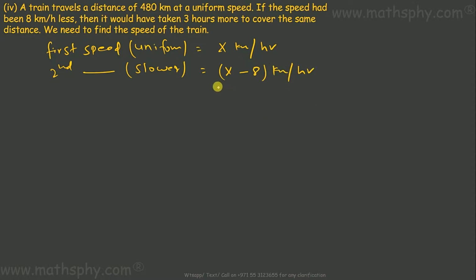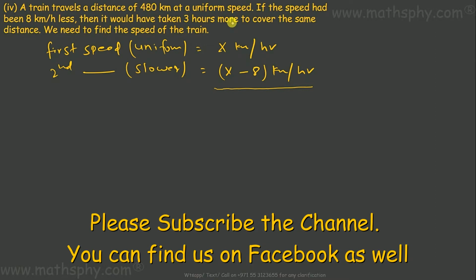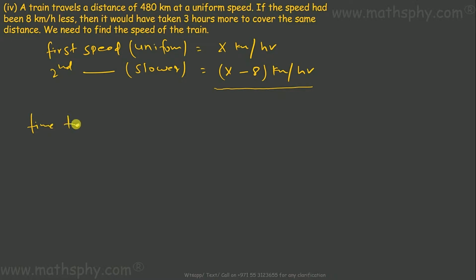Now, if the train travels at this speed, x minus 8 kilometers per hour, it will take 3 hours more to cover this distance. So I'll write time to cover 480 kilometers at x minus 8 kilometers per hour.